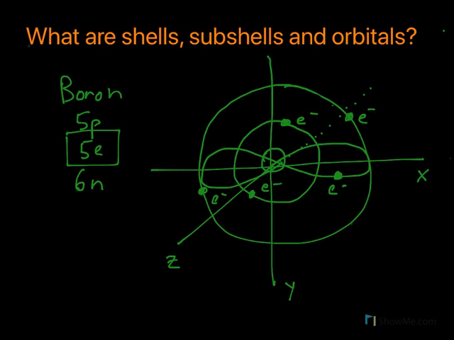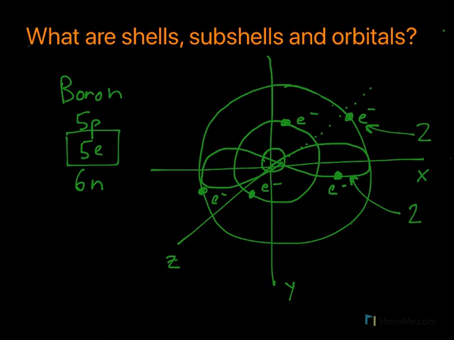Since this electron is the same equidistance to the nucleus as these electrons, we still call it 2. They're still going to be the same distance away from the nucleus. So these are still in the second shell.